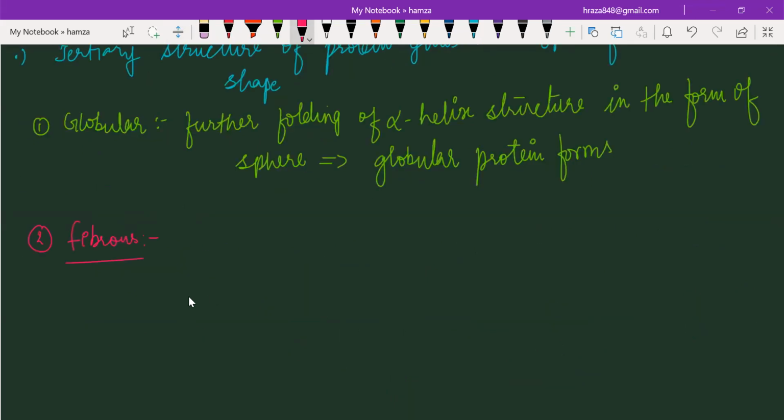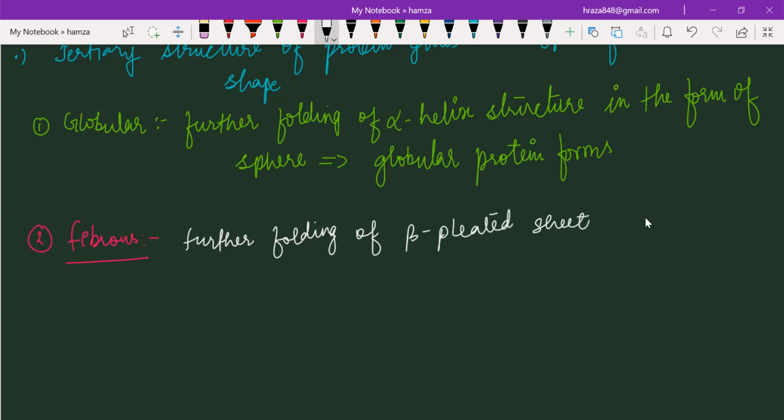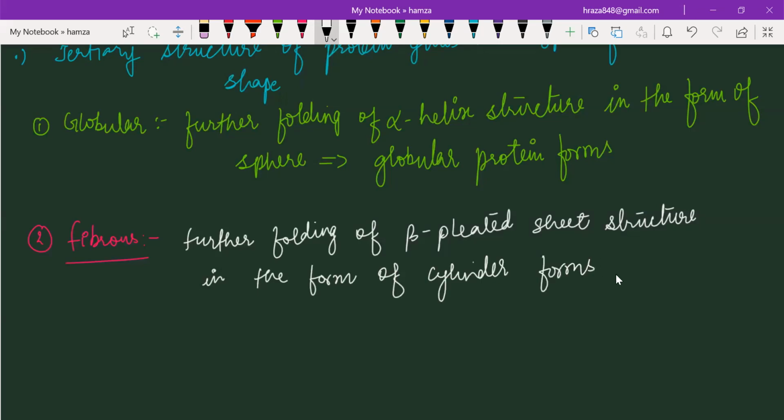So I'm going to write: further folding of beta plated sheet structure in the form of a cylinder.